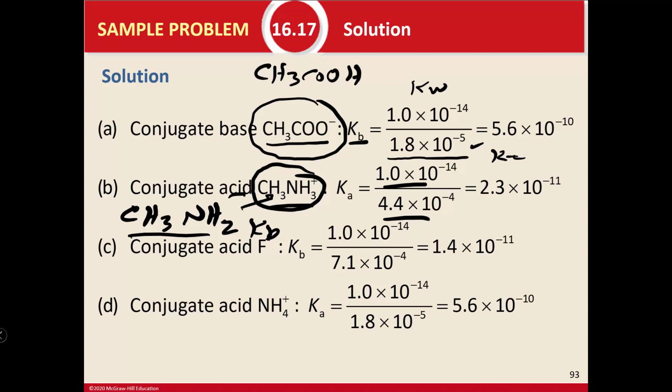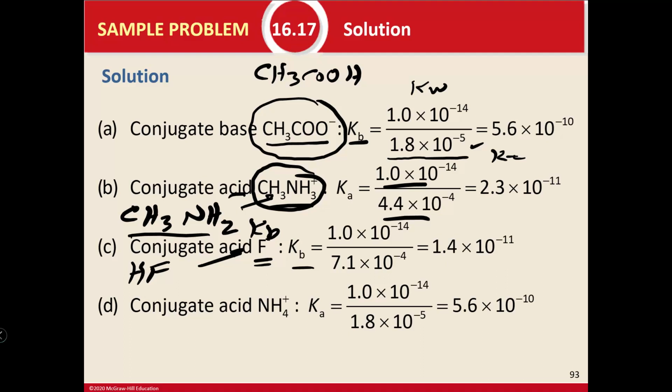All right, let's do the next one. Conjugate acid is, so we have HF, right? And hydrofluoric acid becomes the fluoride ion. They want to know what the Kb for the fluoride ion is.